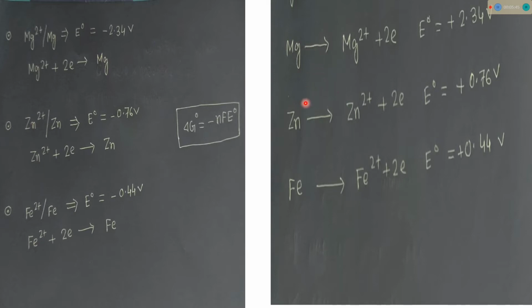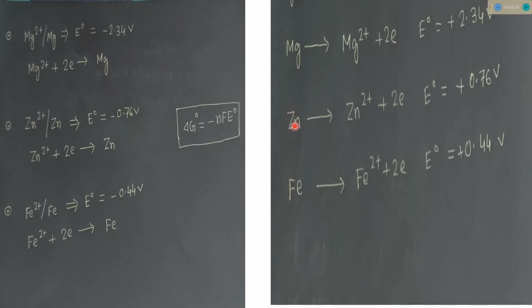If we couple either zinc or iron with magnesium, magnesium will readily oxidize, and the electrons released by magnesium will be taken up by either of these two.